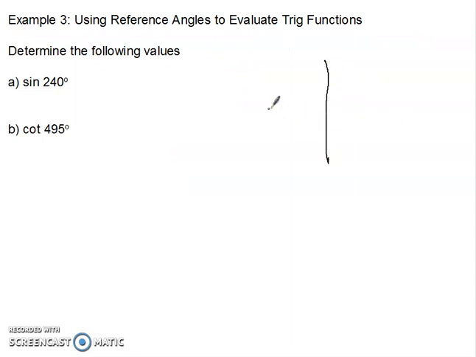So sine of 240, I'll start by plotting in my coordinate plane. My initial side is on the positive x-axis, and the terminal side is in quadrant 3, which is in between 180 and 270 degrees. So I'm going to go ahead and use reference angles. So going back to the x-axis, if this angle is 240, then I need to go back 60 degrees to get to that x-axis, giving me a 30, 60, 90 triangle, which has values of 2a and square root of 3a.